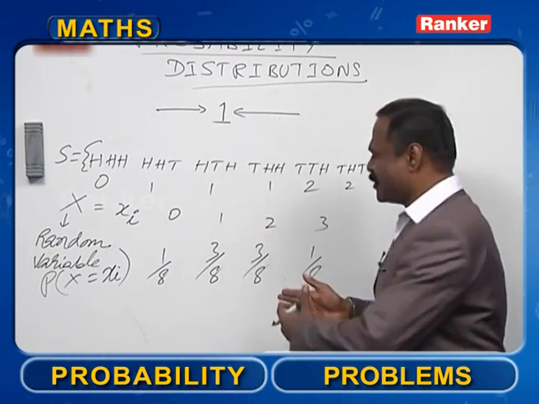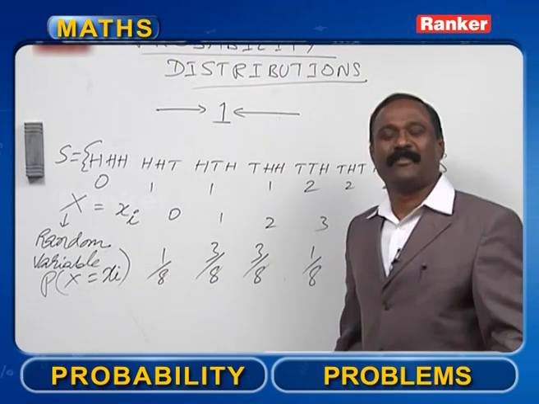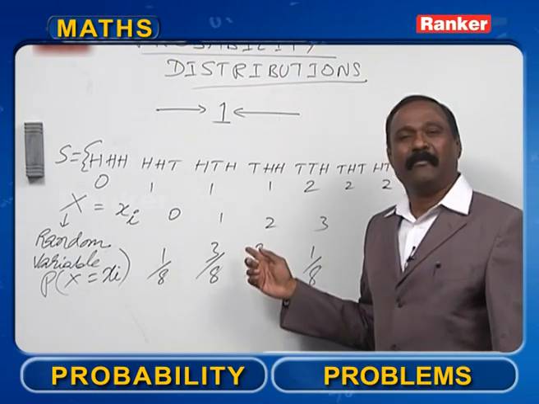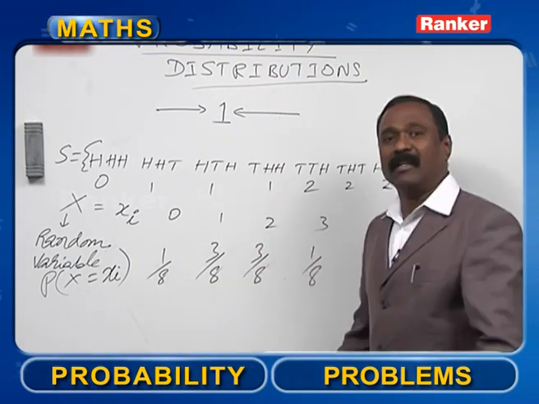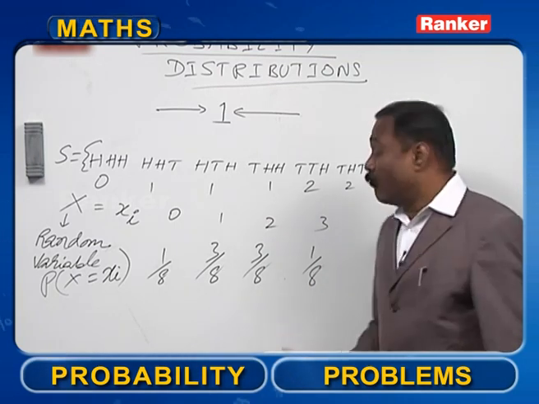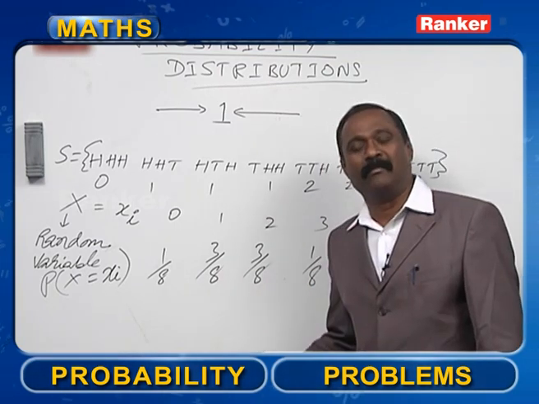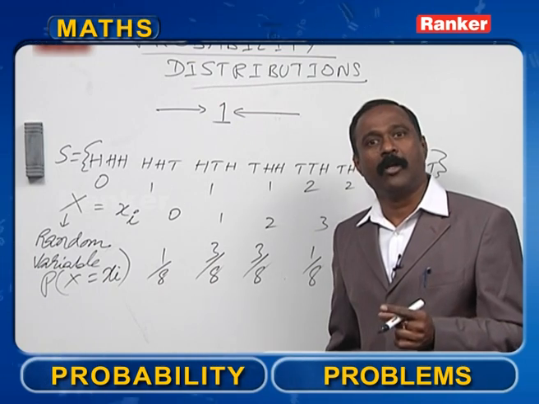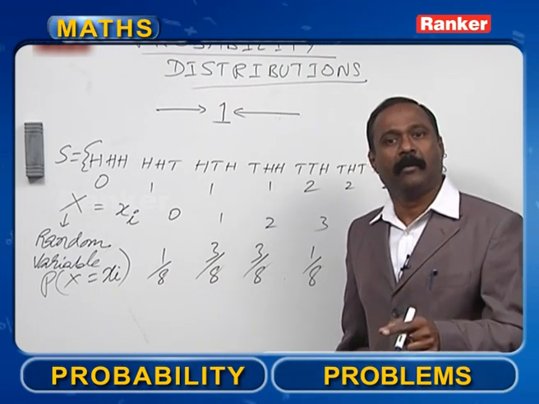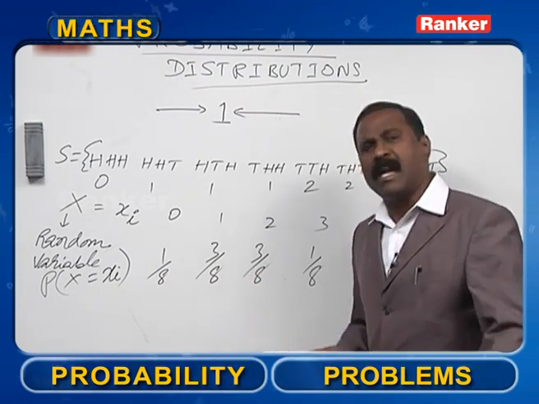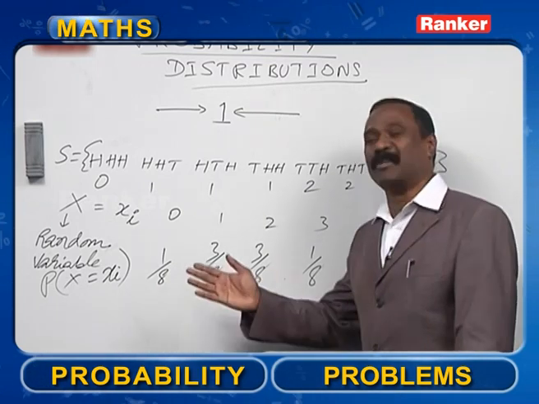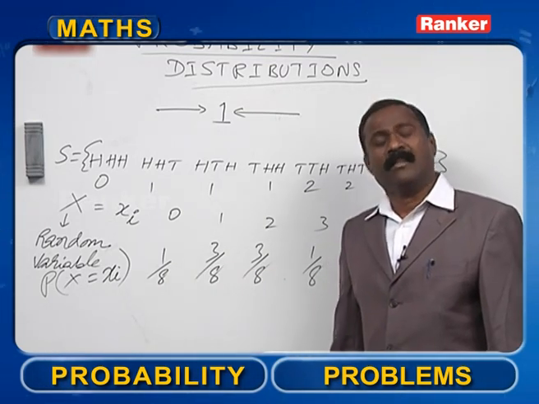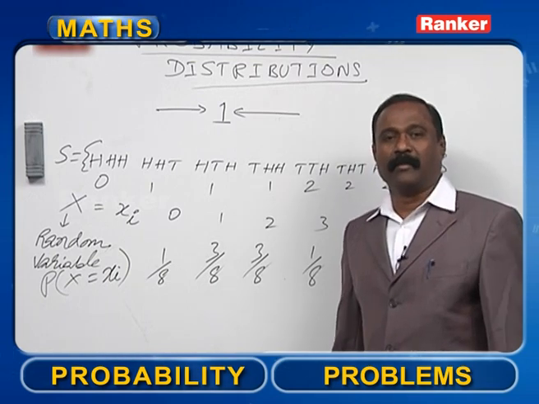So this 1 is beautifully distributed. The sum of the probabilities, you can clearly see, is 1. Whenever you are not getting the sum as 1, take it for granted that you have gone wrong in writing the probability.